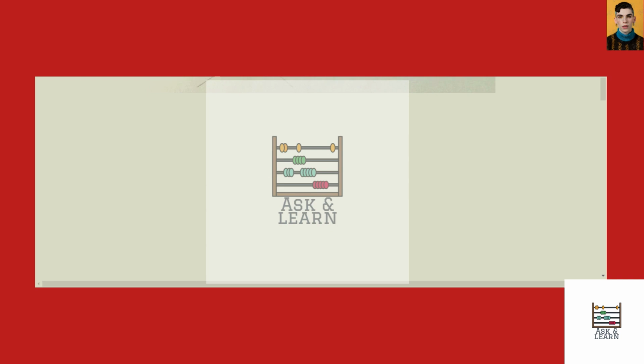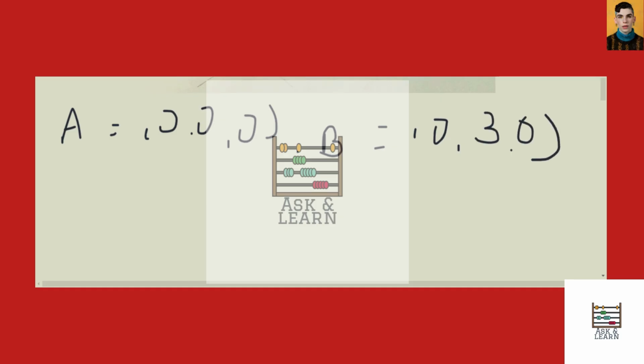So first of all, let's write the coordinates of the points. A is equal to the origin 0, 0, 0. B is equal to 0, 3, 0. C is equal to 0, 6, 0.